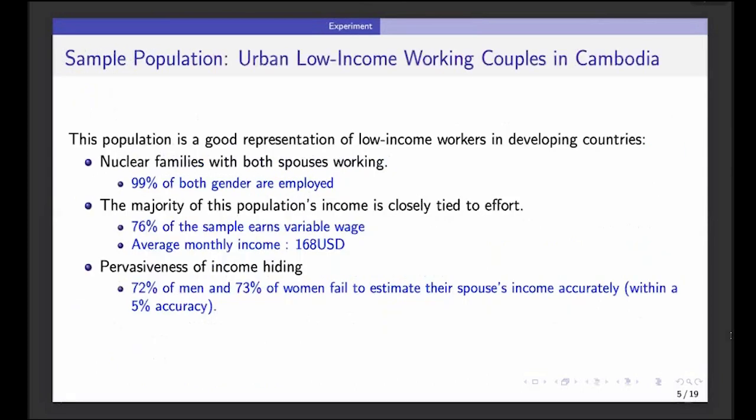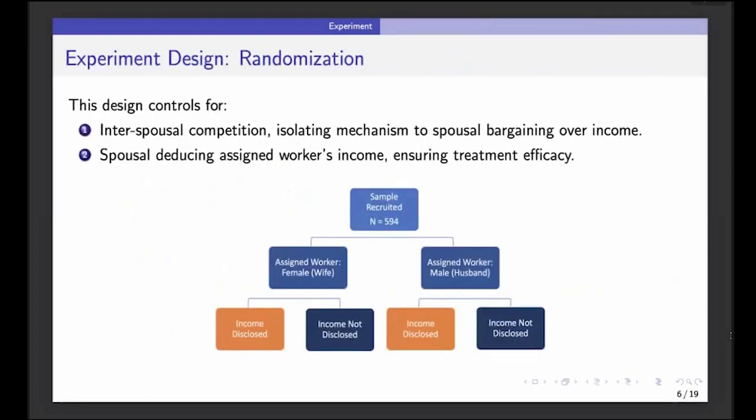To study this, we recruited 300 couples who are mainly garment workers from Cambodia, and conducted a lab-in-the-field experiment with them. We recruited them because we believe they are a good representation of low-income workers in developing countries, and they also present signals that there is income hiding between them very often. The design of the experiment is pretty simple.